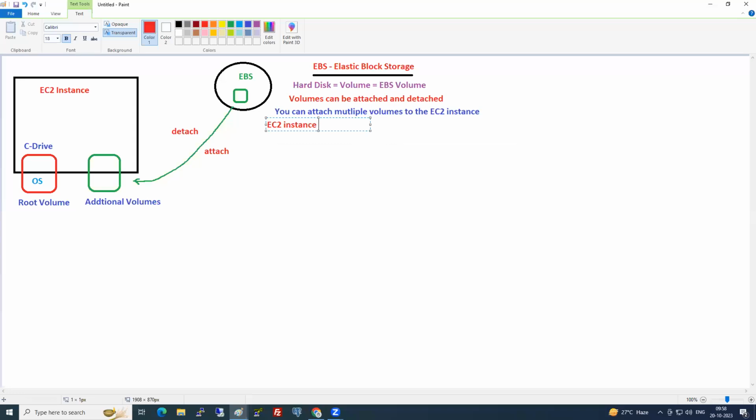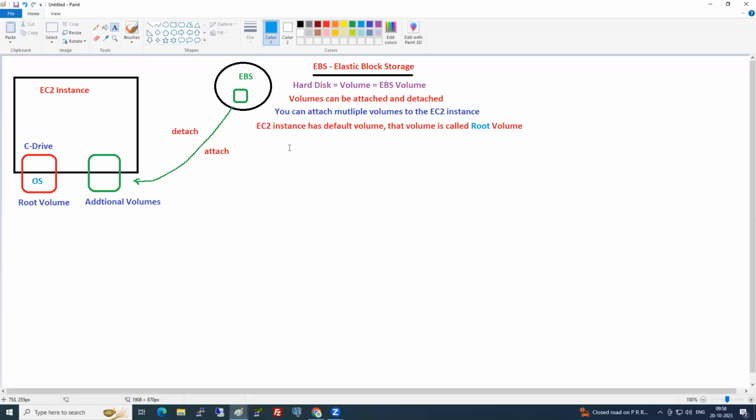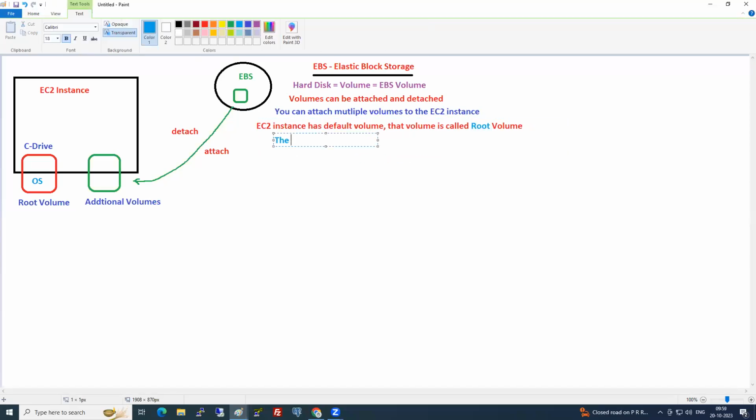Excellent. That volume is called root volume. What does the root volume contain? The root volume always has operating system.